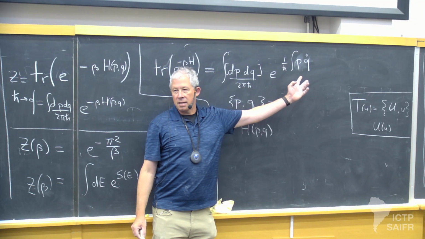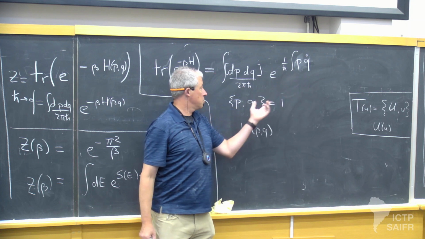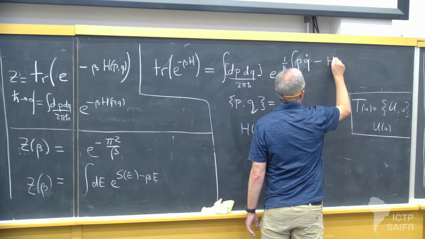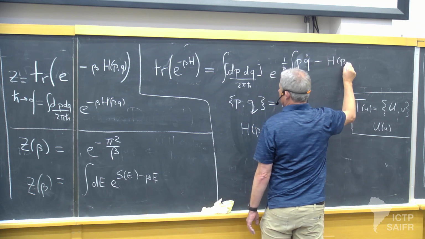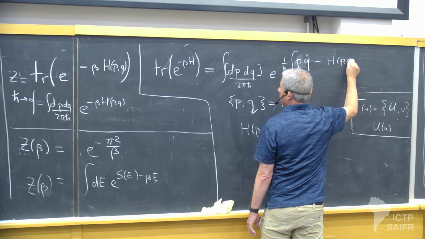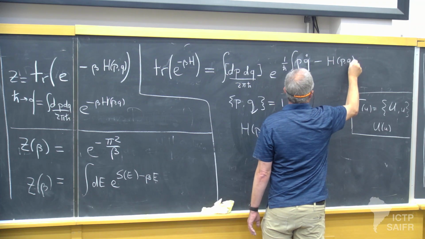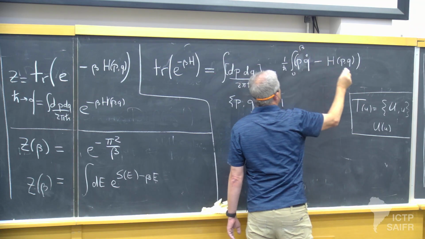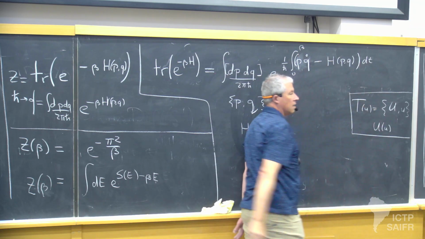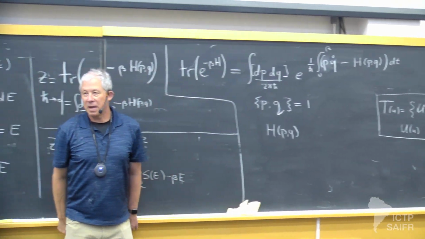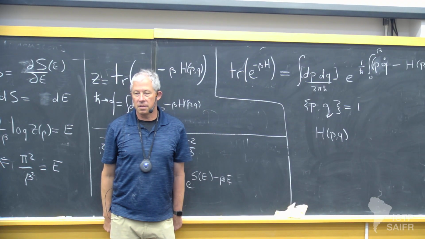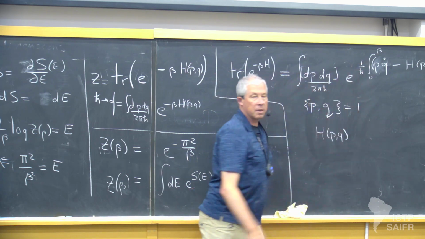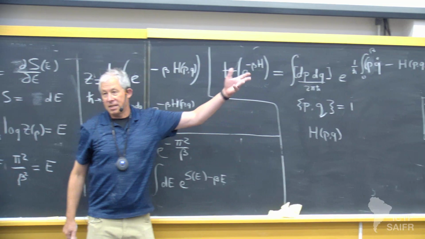Because if that's my kinetic term, I will have that Poisson bracket, minus h of p q. And I do that by integrating from 0 to beta dt. That's the path integral formula, and I require that these things are periodic with period beta. That's just quantum mechanics.